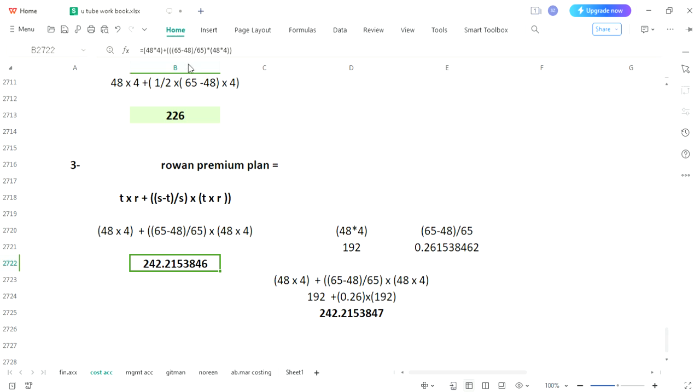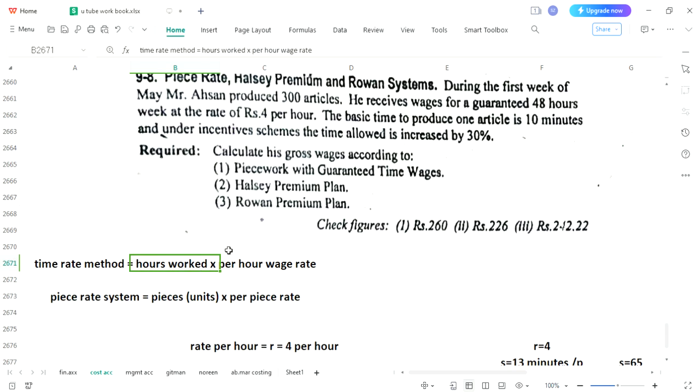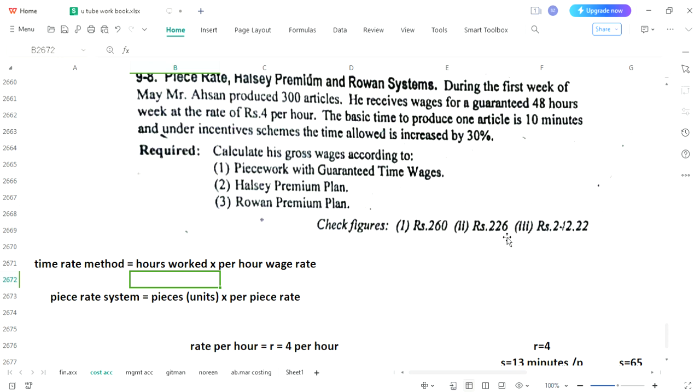Okay, finally, our third answer has also been calculated. Let's review, go back. So we had the first answer, 260. This is your first answer for the first part, 260. Then we have the second part, 226.